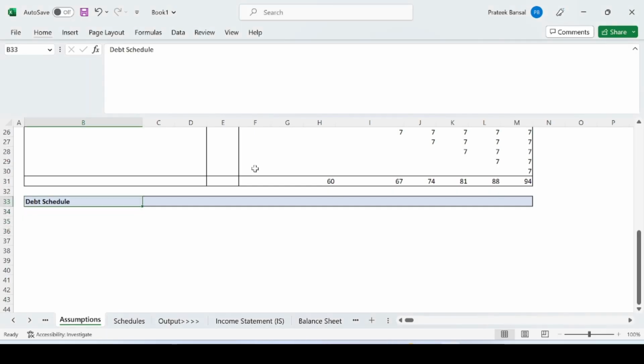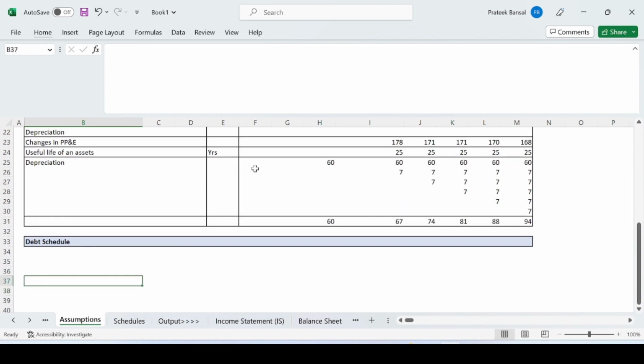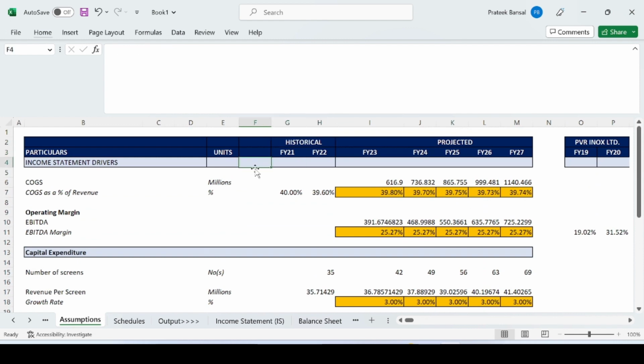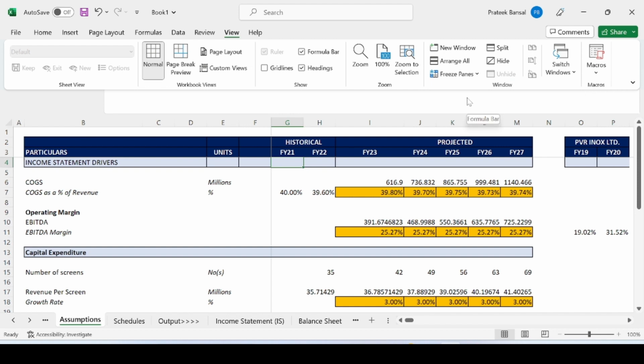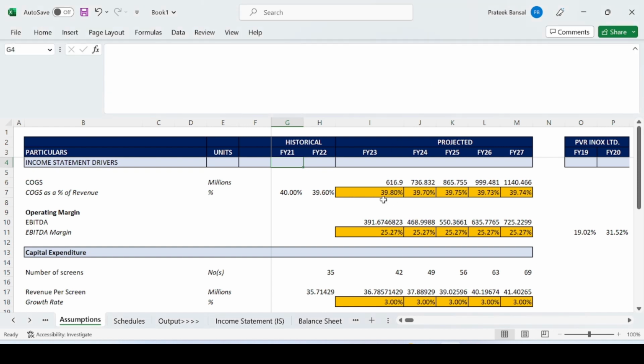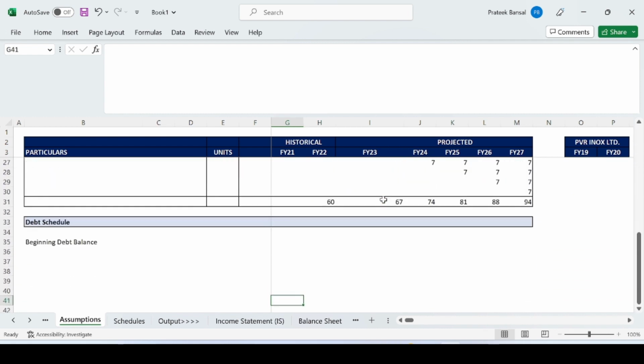For this, we can link our capex here, but first of all, the beginning debt balance. We can freeze the panes here so that we know which year we are talking about. So this is fiscal year 21.